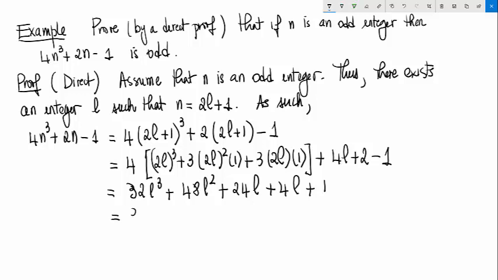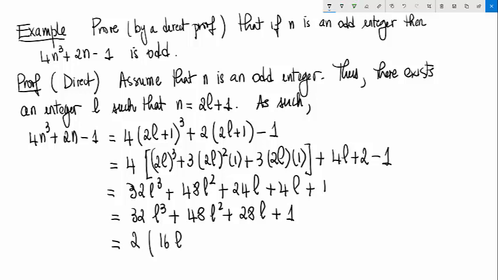So next, we have 32L cubed plus 48L squared plus 28L plus 1. And then I can factor 2 out of this group here. So we get 2 times (16L cubed plus 24L squared plus 14L) plus 1.